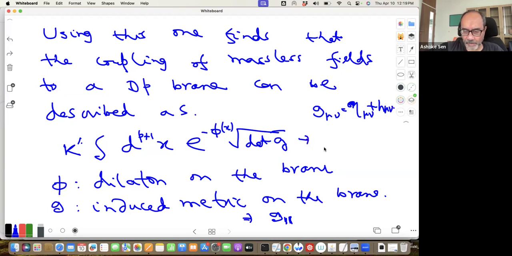So this expansion will give you 1 minus phi times 1 plus h mu mu over 2, so the half goes away, and this is nearly equal to 1 minus phi plus h mu mu, right?